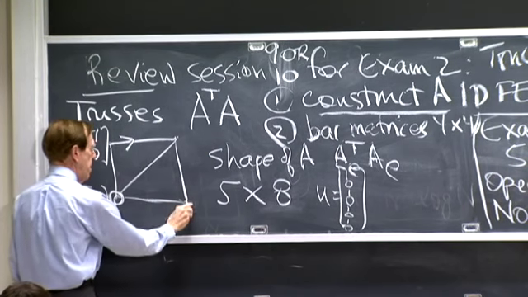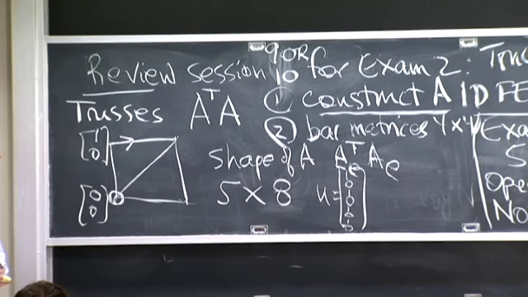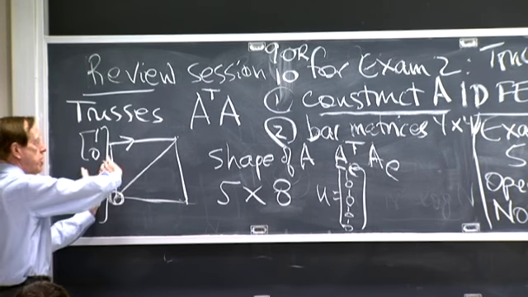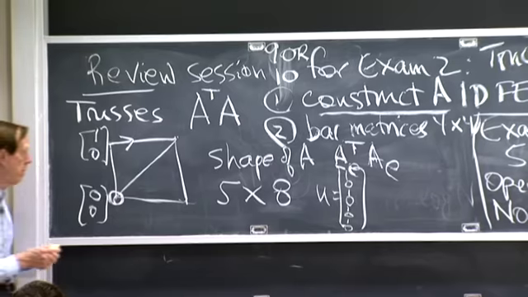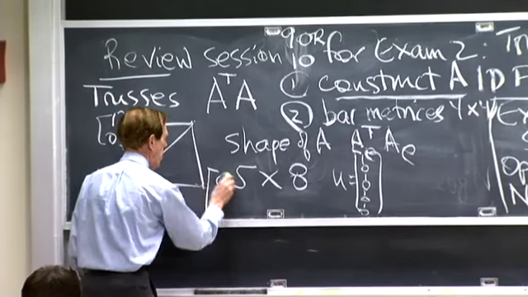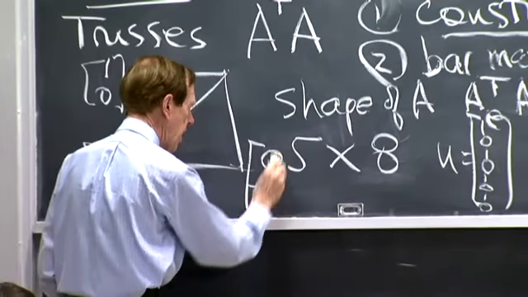So if I did the rotation around there, for example, this U would be 1, 0 here. This wouldn't move. So I'm putting in the 4 pieces that would go into U. What would be the U for this, the displacement of that corner of the truss in a rotation? So my rotation is just swing this whole thing around. 0, 0, -1, I think, right? Because it's not going to go out, it's going to go straight down, 0, -1.